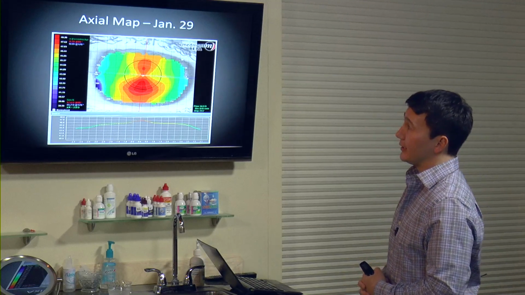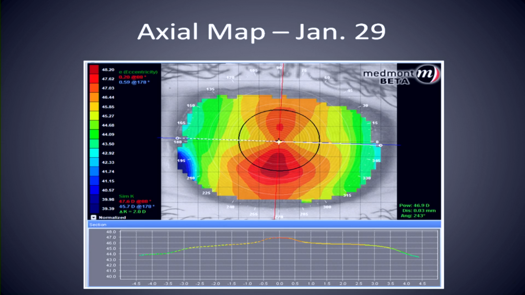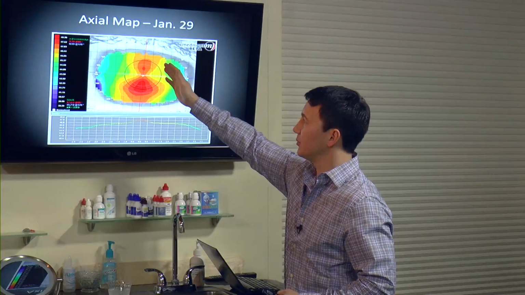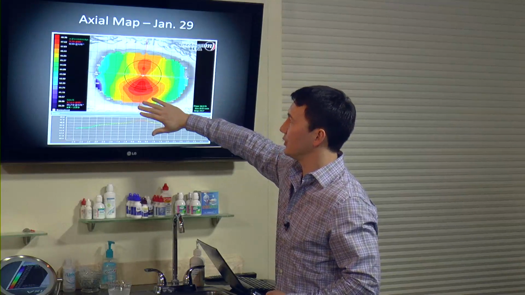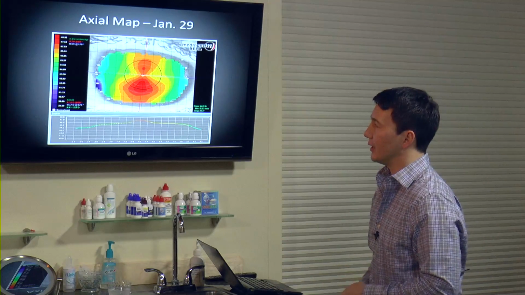Now, here again is another axial interpretation of the same patient, but notice what's happened is we now have the normal figure 8 astigmatism starting to develop by taking the patient out of this poorly fitting GP lens and allowing the cornea to normalize. We're able to observe in our axial map that beautiful with-the-rule astigmatism, fairly symmetrical, the inferior and superior looks like a mirror of one side or the other.